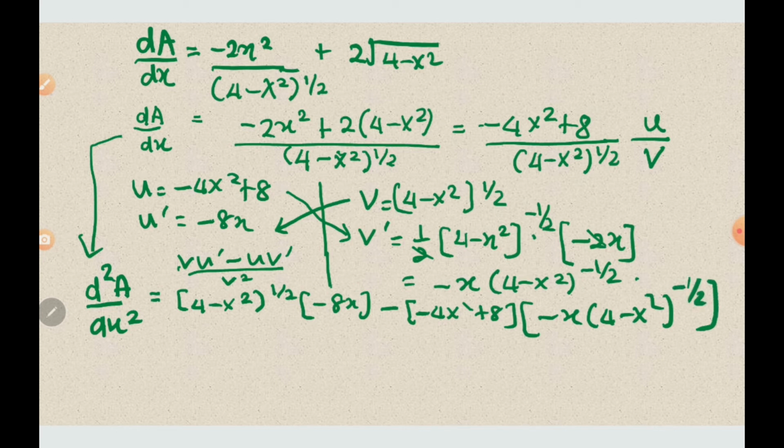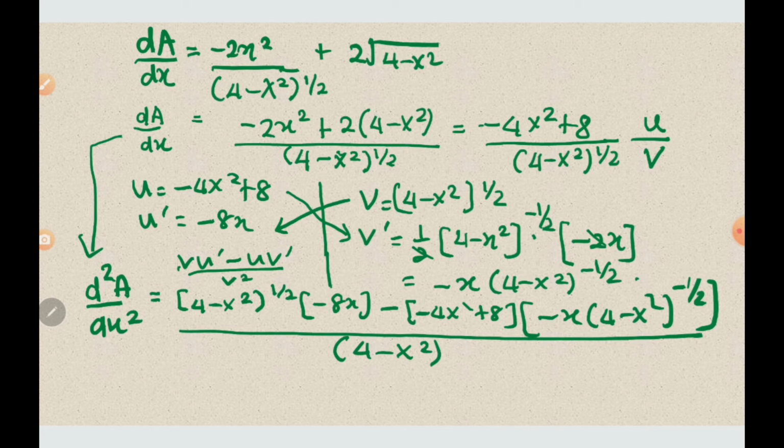And we have to close the bracket. Don't forget to divide by v², that is (4 - x²).